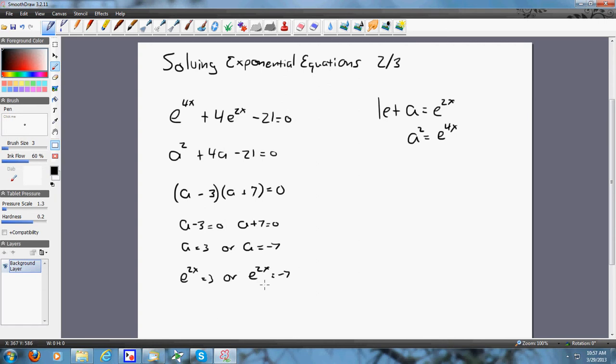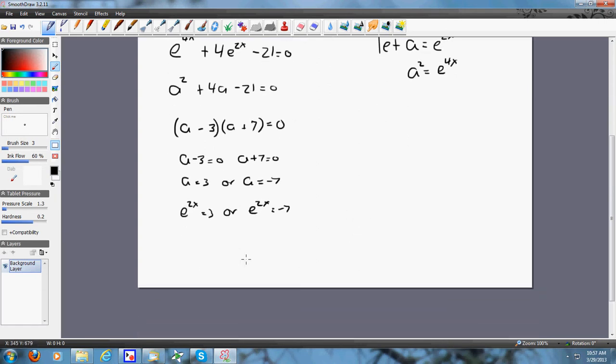In order to solve this, you're going to need to do the natural log of e to the 2x equals the natural log of 3. So you get 2x equals the natural log of 3, divided by 2, and you'll get some value.